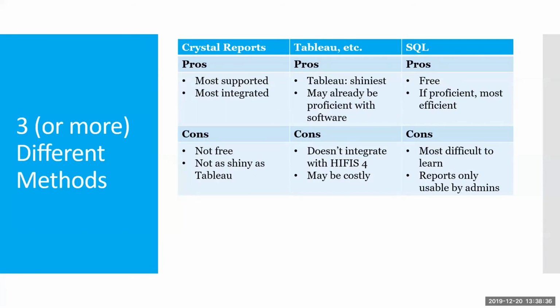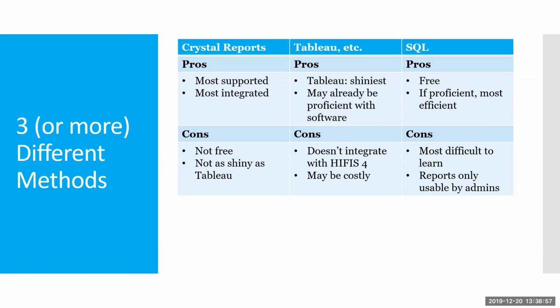So here is just a quick overview of the 3 different approaches. Crystal Reports is generally recommended. It's the most supported, the most integrated. Lots of communities are using Crystal Reports, so there's a cross-pollination, I guess. You can ask other communities what they're doing and for tips and all that good stuff.